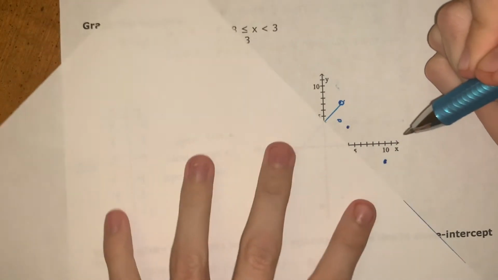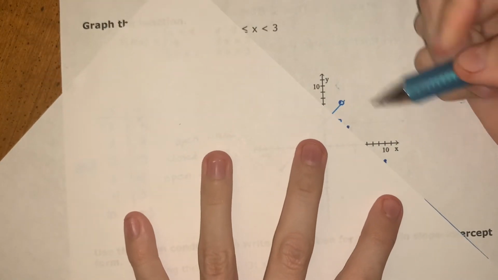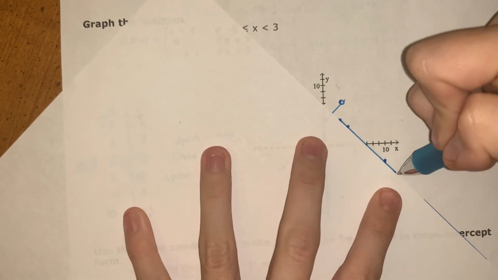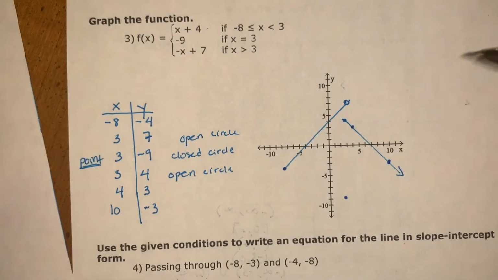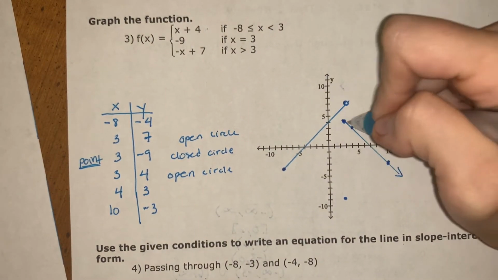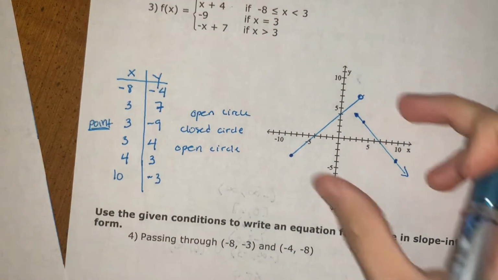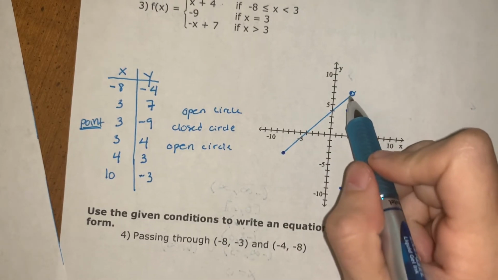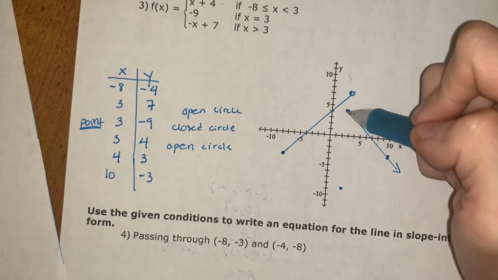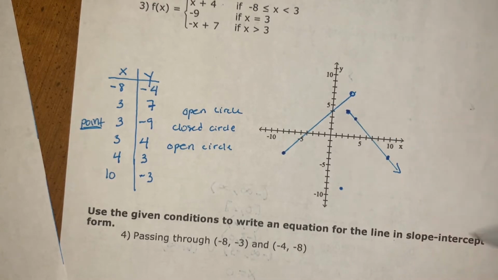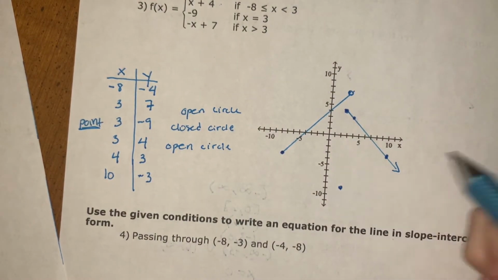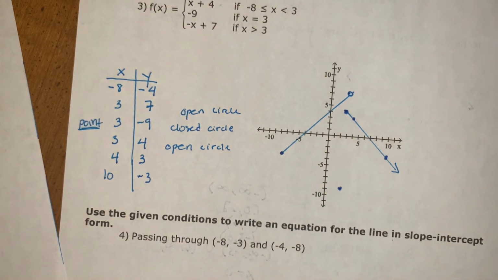Okay, so let me put that on here. All right, so it's like a ray. This is a line segment because it only goes from -8 to 3. Here, this goes from 3 all the way to infinity, right? And then here's the single point at (3, -9).